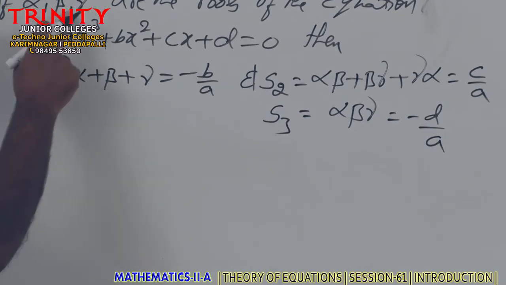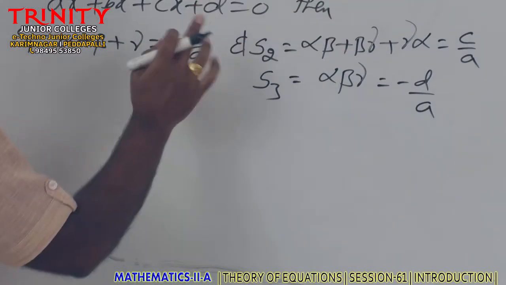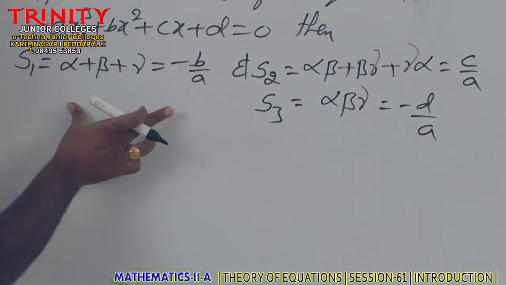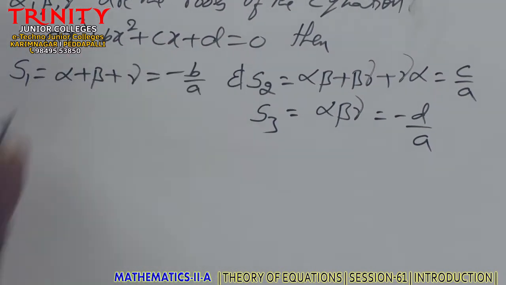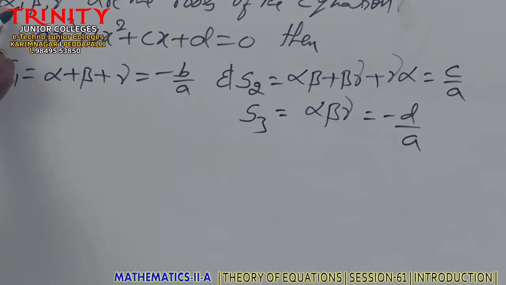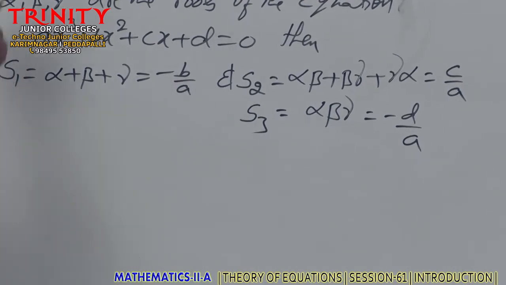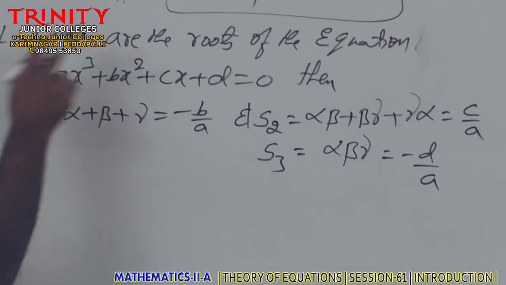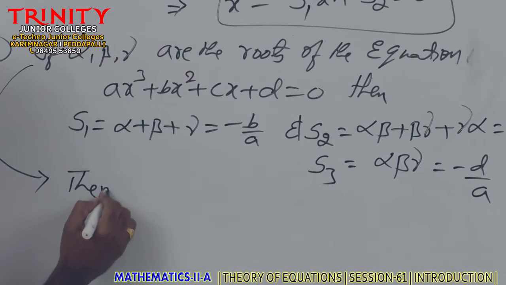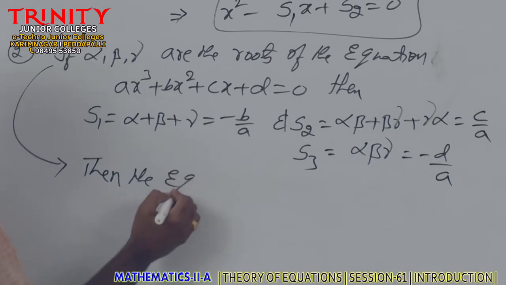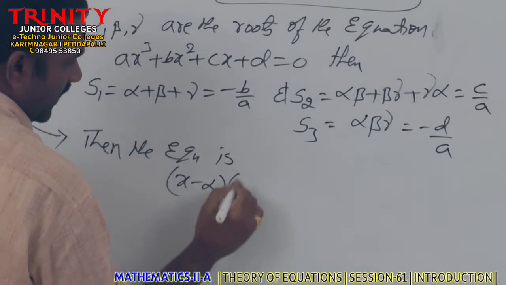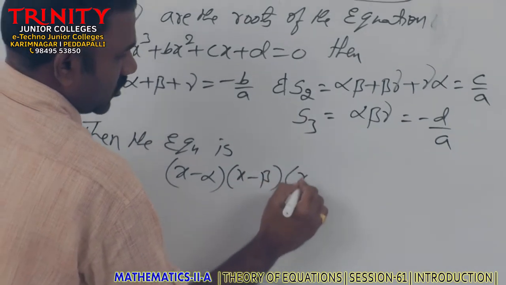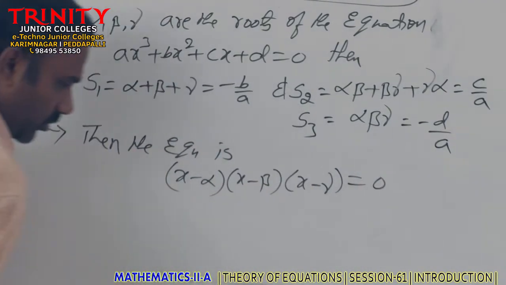Therefore, if alpha, beta, gamma are the roots of this equation, then these are the relations between the roots and the coefficients, that is a, b, c, d. Now, if alpha, beta, gamma are the roots, then the equation is (x minus alpha)(x minus beta)(x minus gamma) equal to 0.